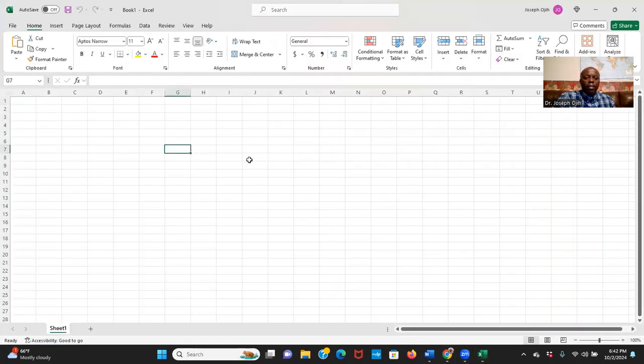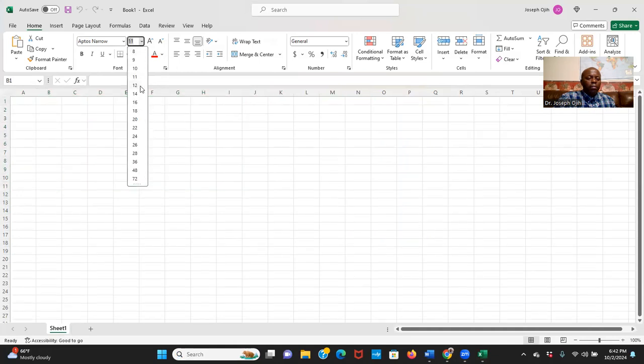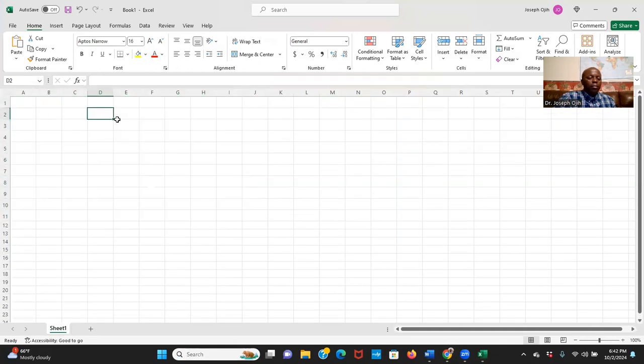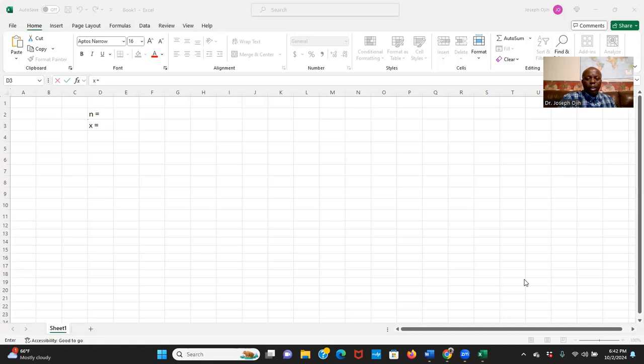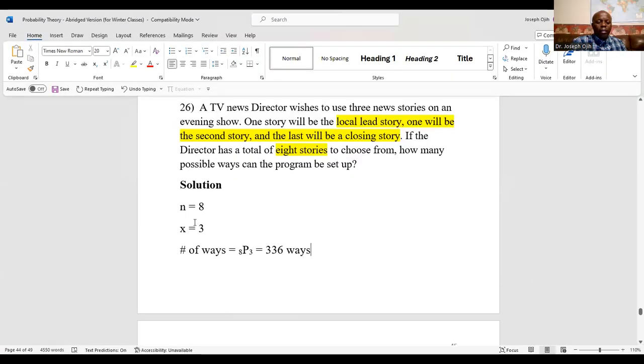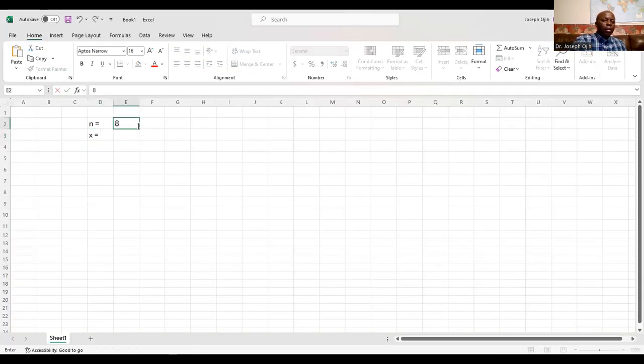To do this in Excel, I'm gonna use this place. I'm gonna make it 14 or 16. Now let's say we have n equals, x equals. n is 8 and x is 3, right? So for Excel, n is 8, x is 3.